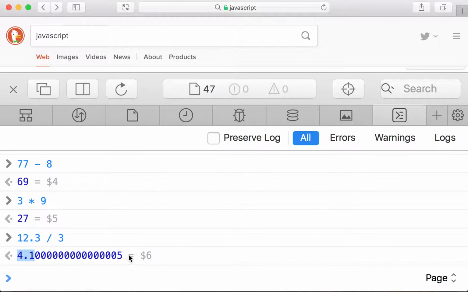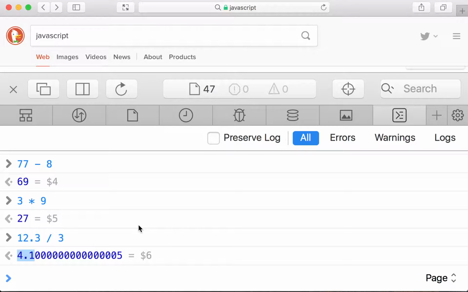But our JavaScript console gave 4.10000 up to 5. So it's not exactly correct. And that's because of floating point numbers. The computers cannot exactly tell you the exact value. So there's a very slight precision error, okay?